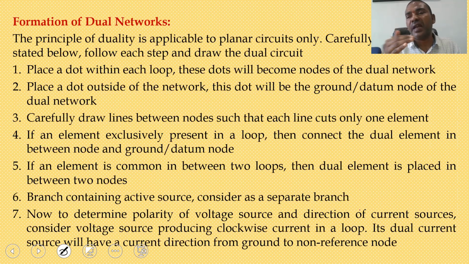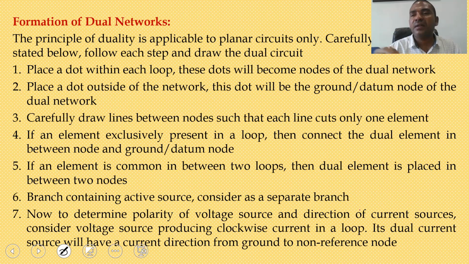So for example, n loops are there: 1, 2, 3 and so on, n plus 1 nodes we have to represent, and the last node must be represented outside the entire network. That node is a fictitious node, which is connected to the grounded or reference.